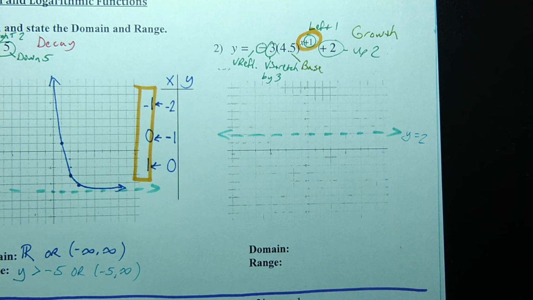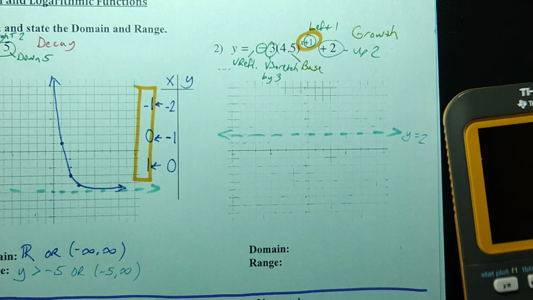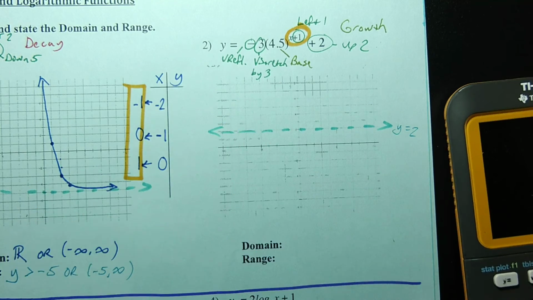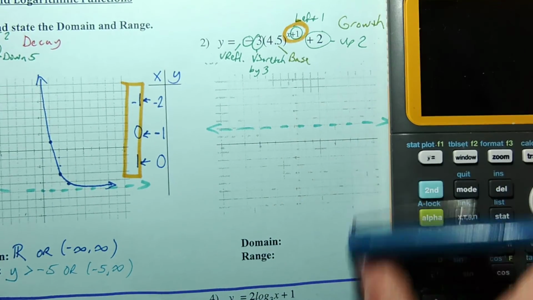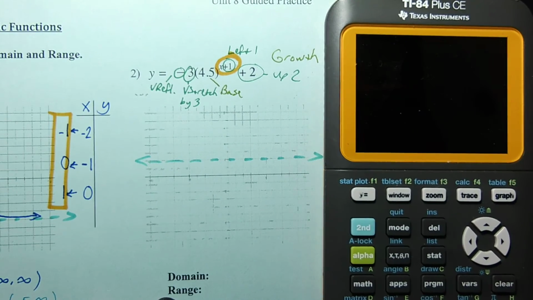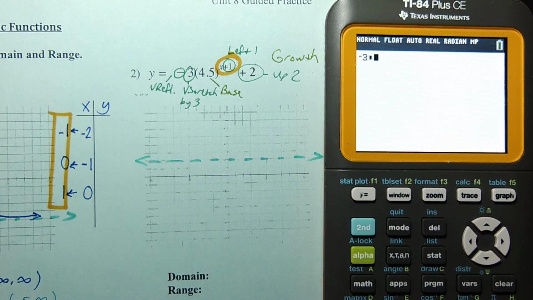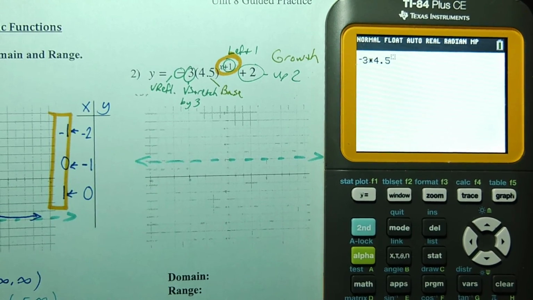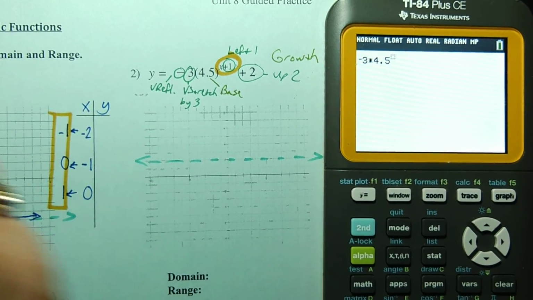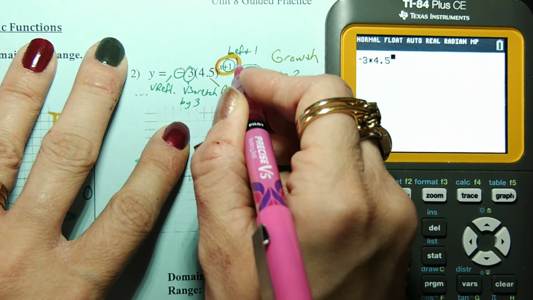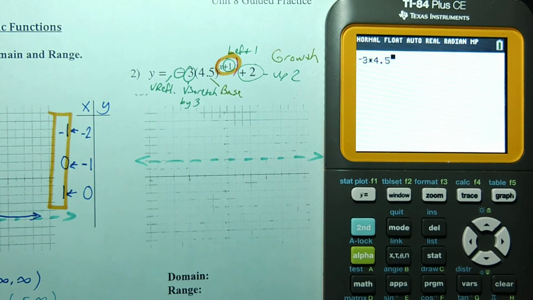Now for this one, I think I'm just going to use my calculator because PEMDAS is going to get a little bit messy with that decimal base. So go ahead and get out your calculators, and we're going to practice plugging this in. So we'll have -3 times 4.5 raised to the... On older calculators you are going to have to put this in parentheses, or just straight up add the input and make it -1.